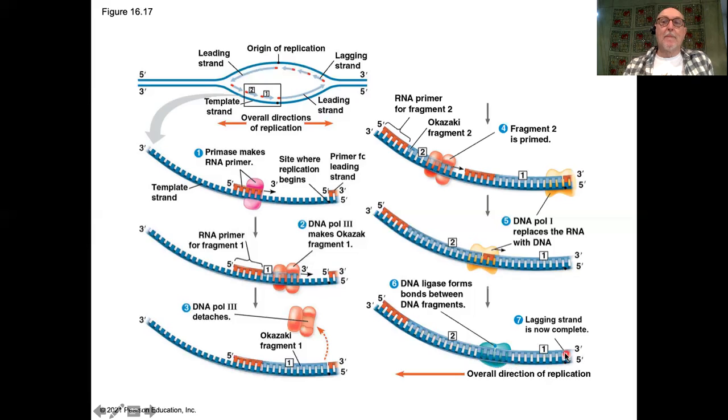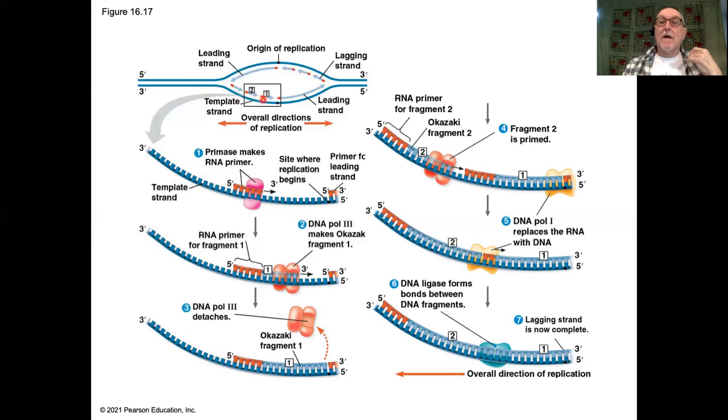Okay, in summary, the leading strand is laid down in the same direction as the parental DNA strand is opened. It only needs one primer. On the lagging strand, we have to have enough open to lay down a primer and then do the replication. So we end up putting down repeated primers. As the strand opens up, we put in another primer, replicate, and so on.